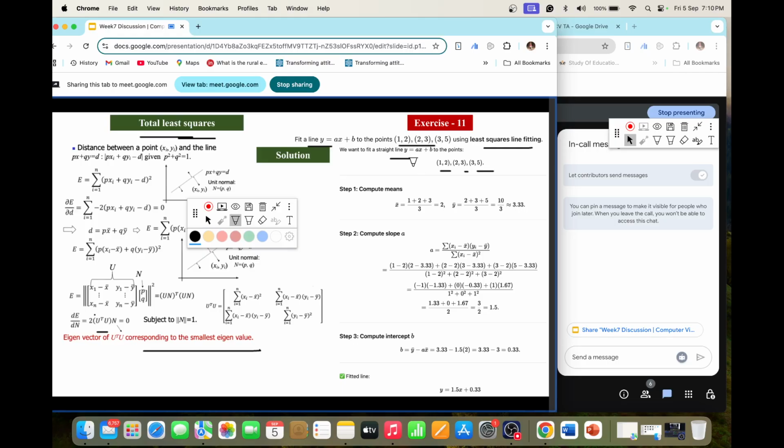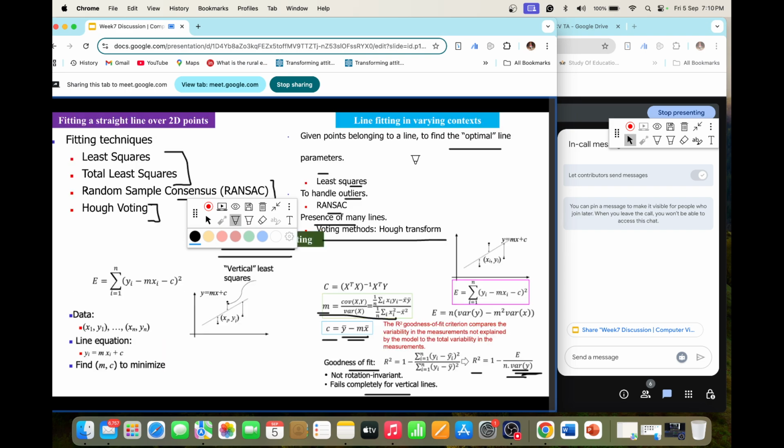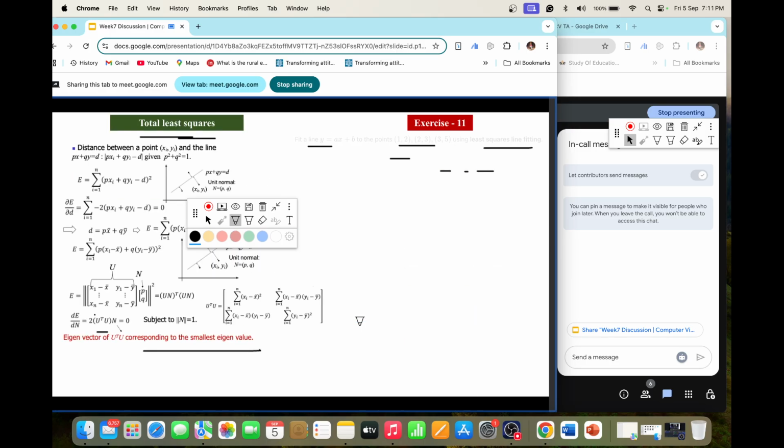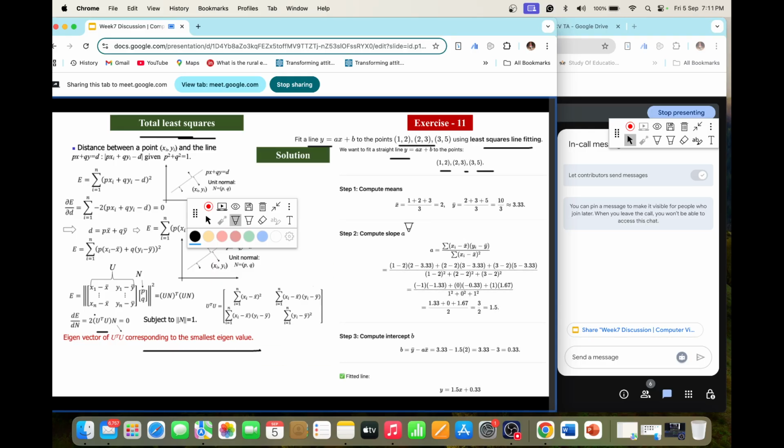We can find m by this formula: covariance of x, y divided by variance of x, and c we can find by y bar minus m x bar. So let's proceed. We will find x bar and y bar first, and then find a or m, as in our question ax plus b is written.